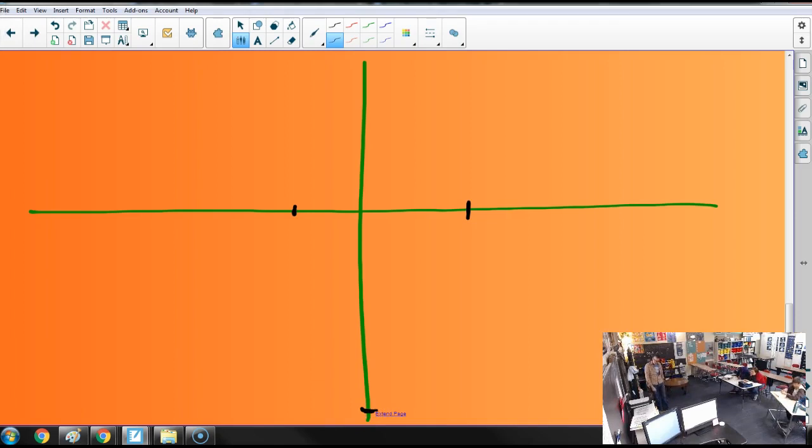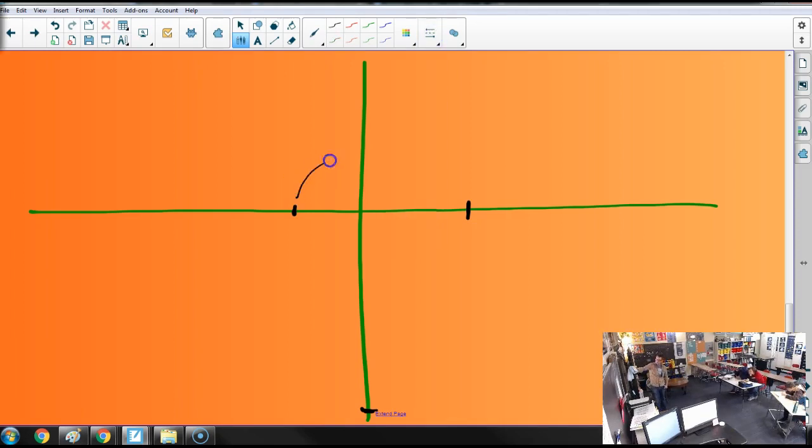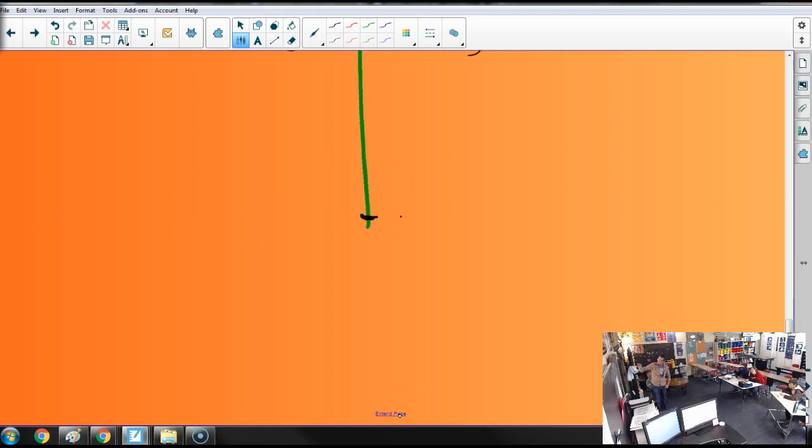No, because the vertex has to be the same distance between the two x-intercepts. So we know the vertex has to split this gap. So actually at 1, right? Because if this is 5 and this is negative 3. So then we know that the vertex is going to be at x equals 1. Sorry, not that point.